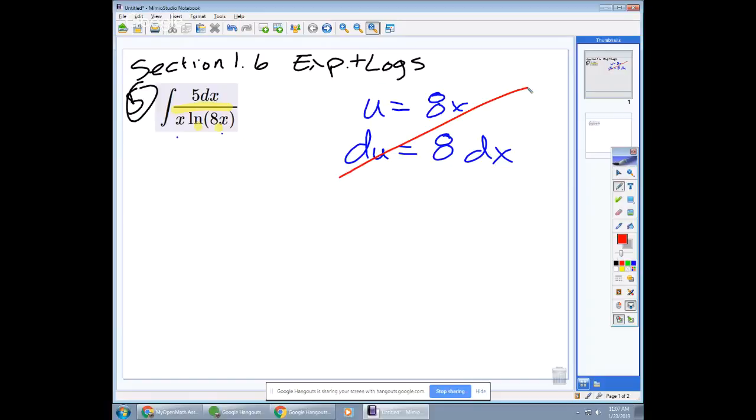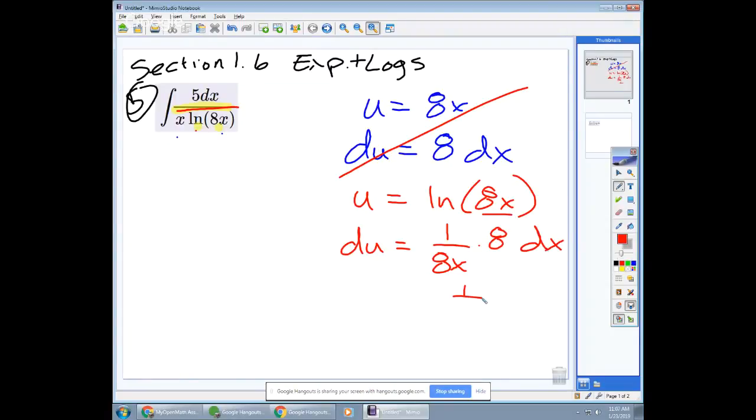U equals ln 8x. Yeah, use the ln next. So that's a function within a function. So next I let u equal natural log of 8x and see if that's more productive. What would du be? So first it'd be 1 over 8x, and then the chain rule says take the derivative of the interior, which is 8.